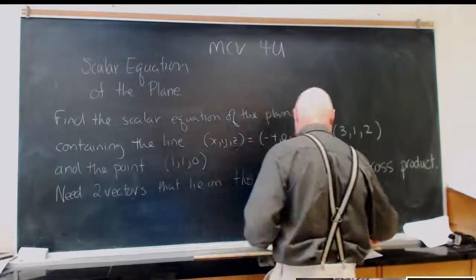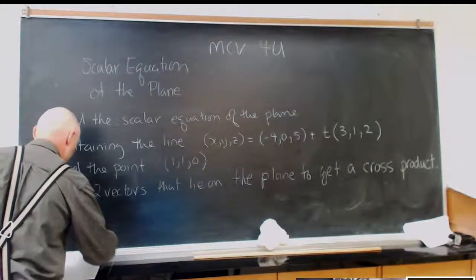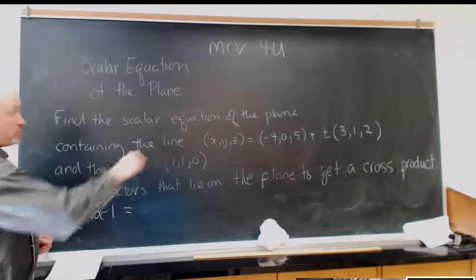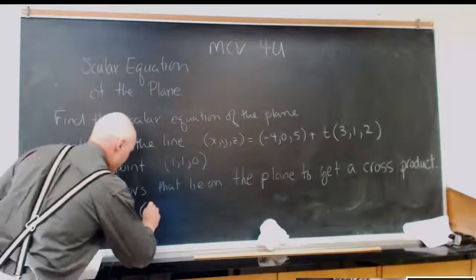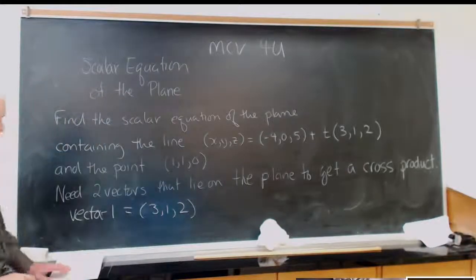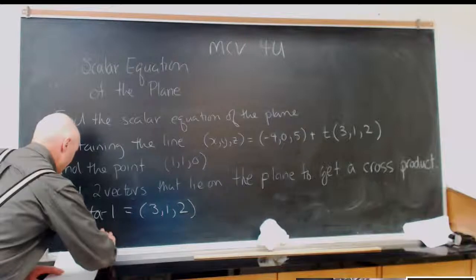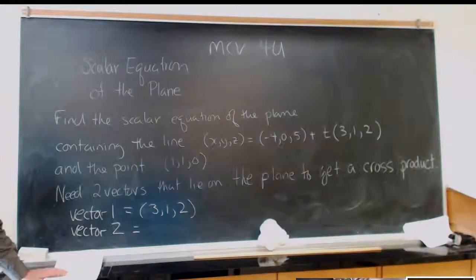Vector 1 is really easy. We're just going to use the direction vector. So that's going to be one of the vectors that lies on the plane, or more accurately lies in the direction of the plane. Now we have to see if we've got enough information to find another vector that lies on the plane.